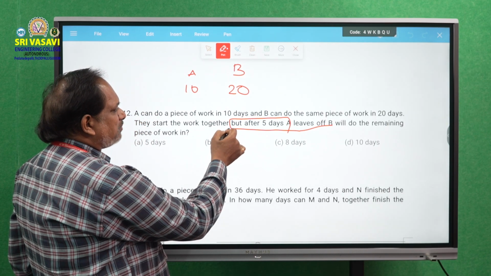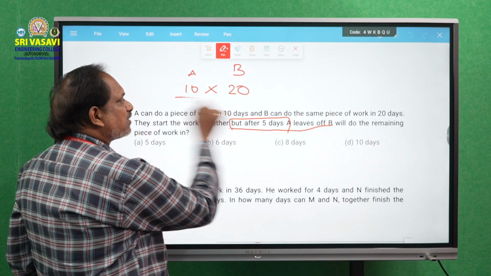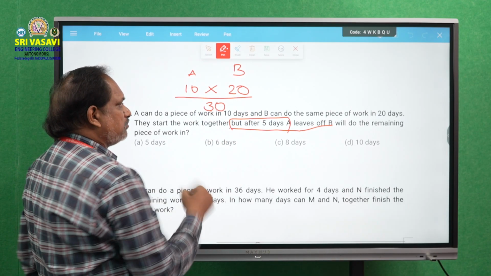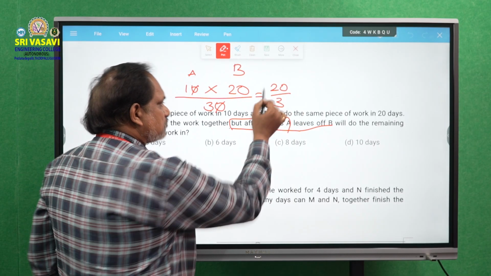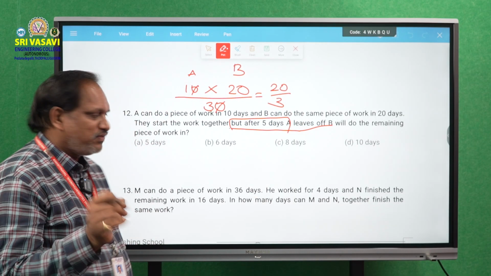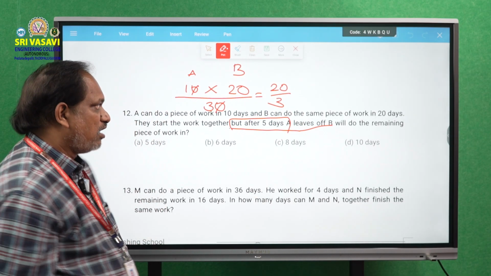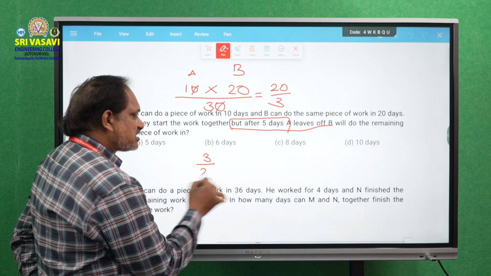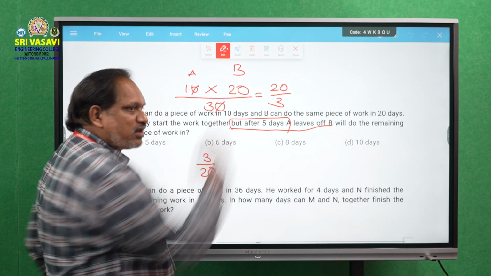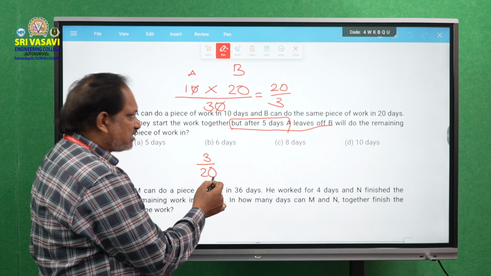So both together, generally the formula for together we apply is product by sum. Product by sum is equal to 20 by 3 days. So if both together are working, they complete it in 20 by 3 days. But both together, 1 day's work is 3 by 20. Total work is 20 by 3, 1 day's work is 3 by 20.